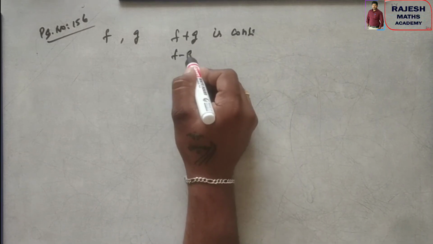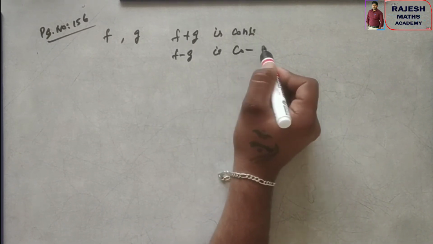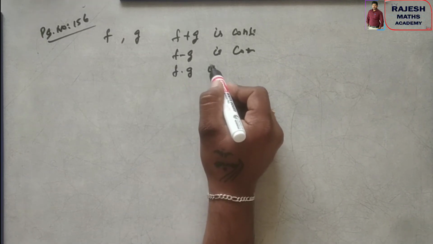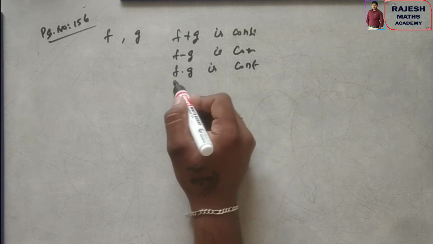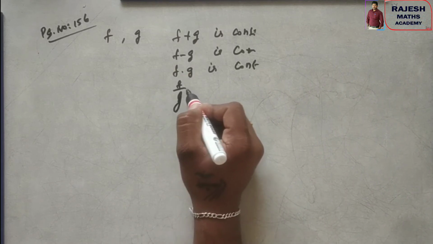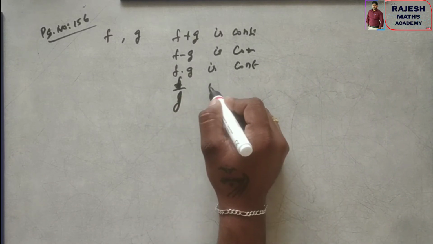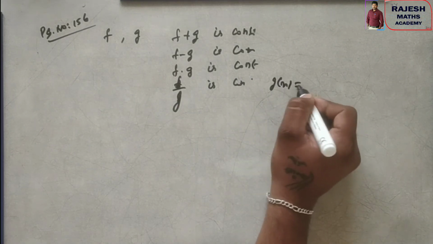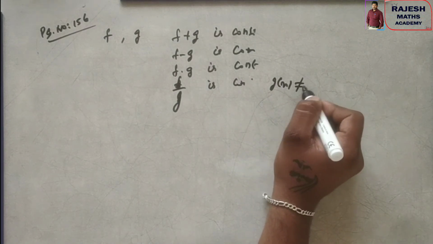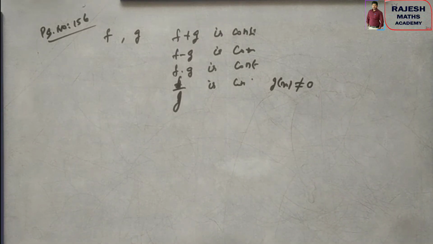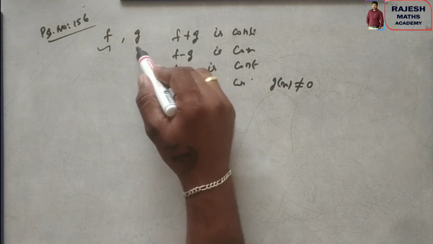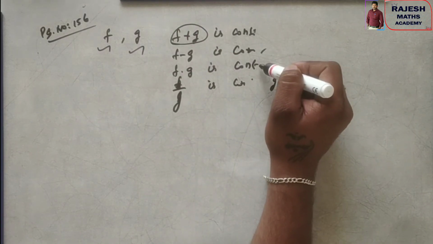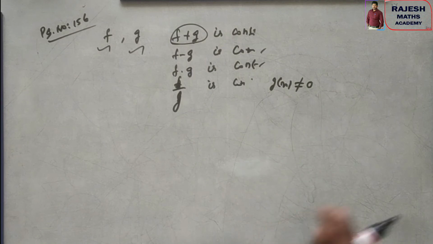Similarly f minus g is continuous, and third, f into g is continuous, and finally f by g is also continuous. f by g is continuous except where g of x equals 0, that is, you have to take g of x not equal to 0. So if f is continuous and g is continuous, then f plus g, f minus g, f dot g and f by g are also continuous.